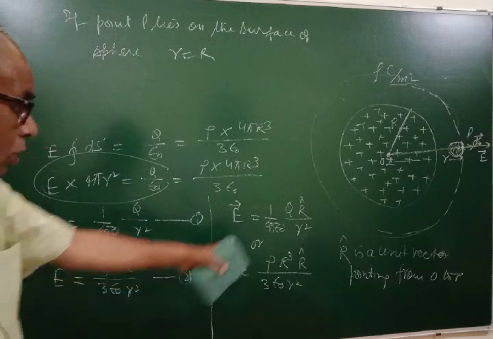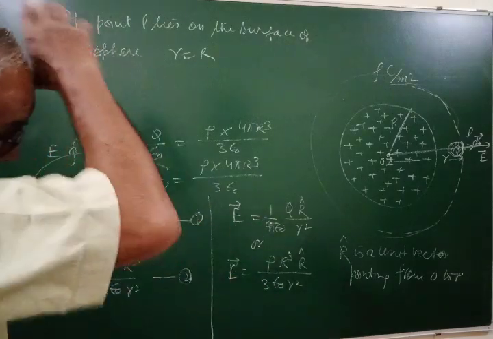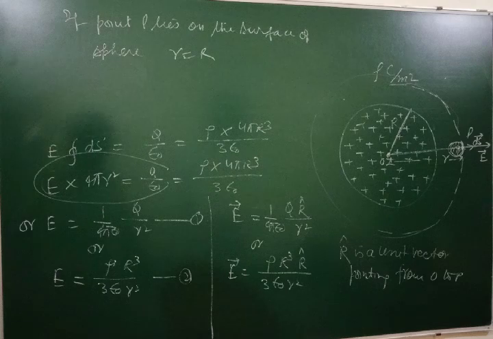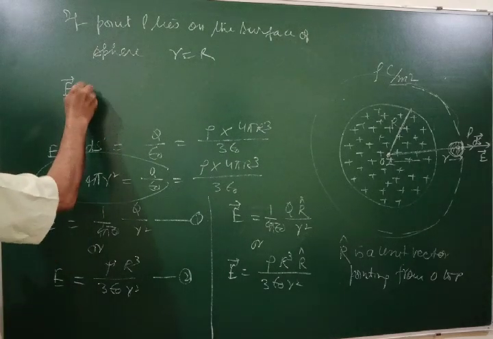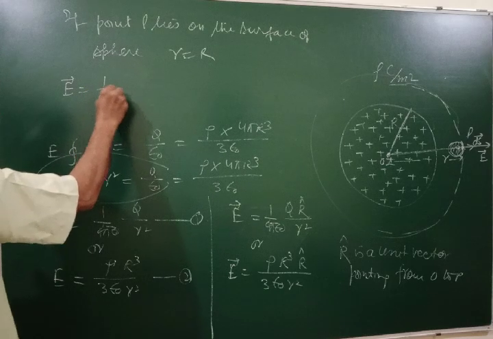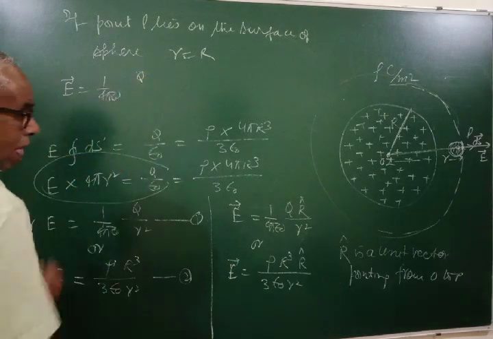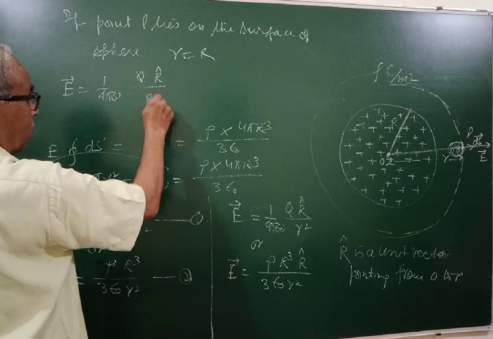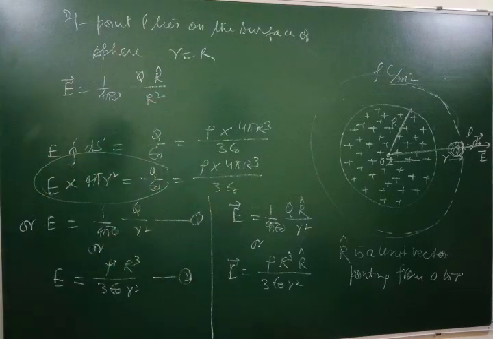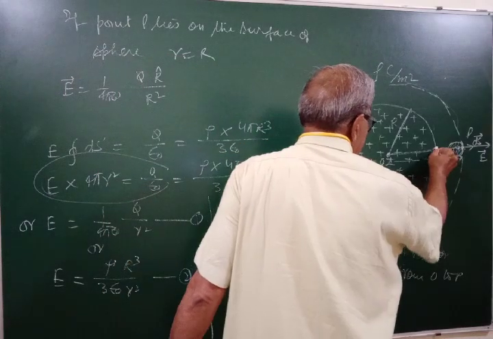In equations 1 and 2 here, we can write small r equal to capital R, and hence vector E is equal to 1 upon 4 pi epsilon 0 Q r cap upon R square, if point P is here.